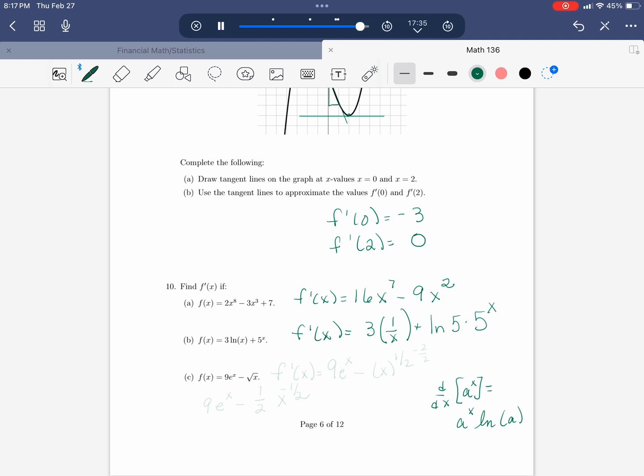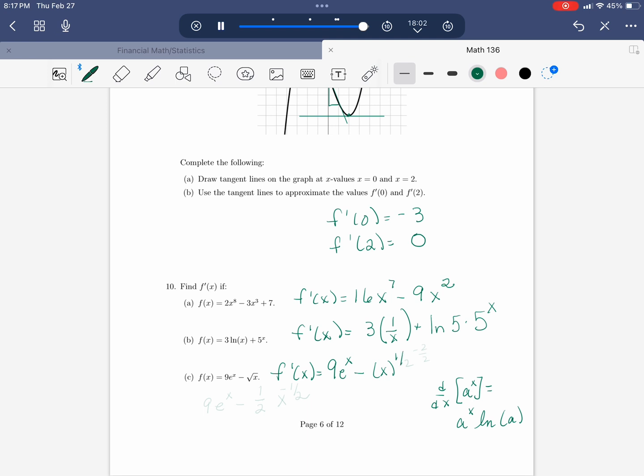All right, and for C, taking the derivative, when you take the derivative of e to the x, it's just e to the x, so it's 9e to the x, okay? And when we take a derivative of the square root of x, we're going to rewrite the square root of x as x to the 1/2, okay?